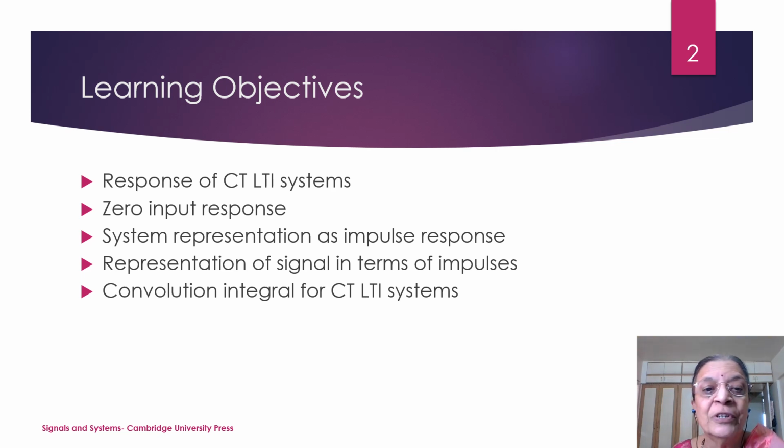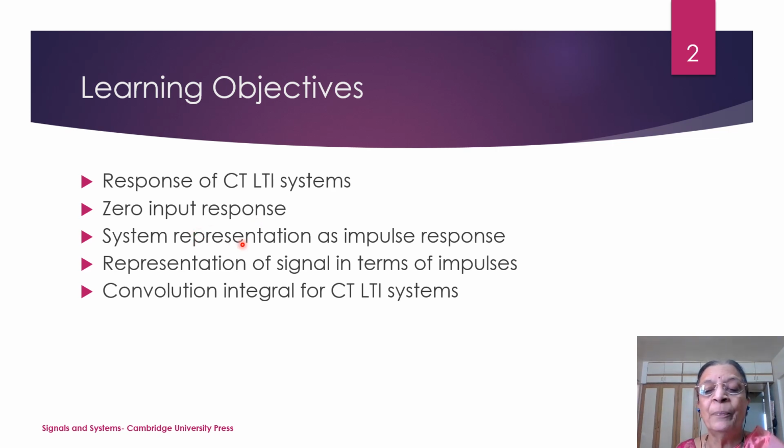So what are the types of response? We have zero input response and we have the response to the zero state, that is the relaxed state. So when the system is relaxed, we find the response of the system, which is called the zero state response, and we also have the zero input response when the input is zero.